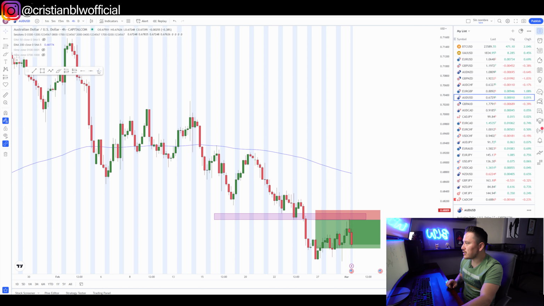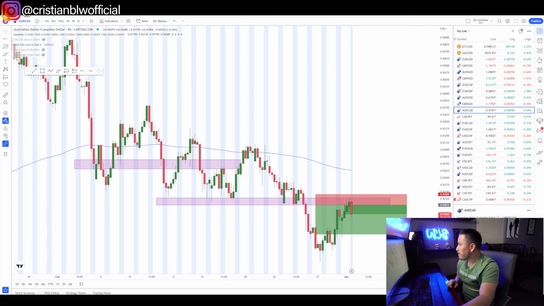But if you go into the AUD-CAD pair, this one got activated not by the first, but by the second area of the trading zone. It's still a sniper entry, but this one got activated exactly at the first point. So it makes a difference.